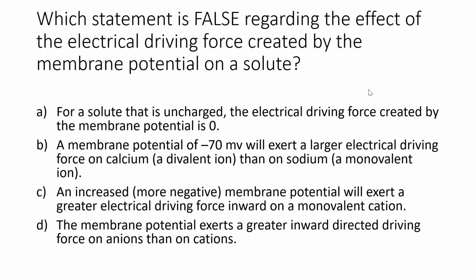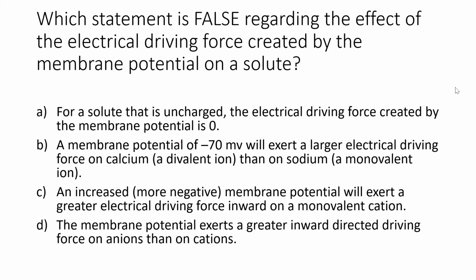B: a membrane potential of -70 will exert a larger electrical driving force on calcium, a divalent ion, than on sodium, a monovalent ion. This is also a true statement. A few persons selected this, but this is true, and remember, we're looking for the false statement here.